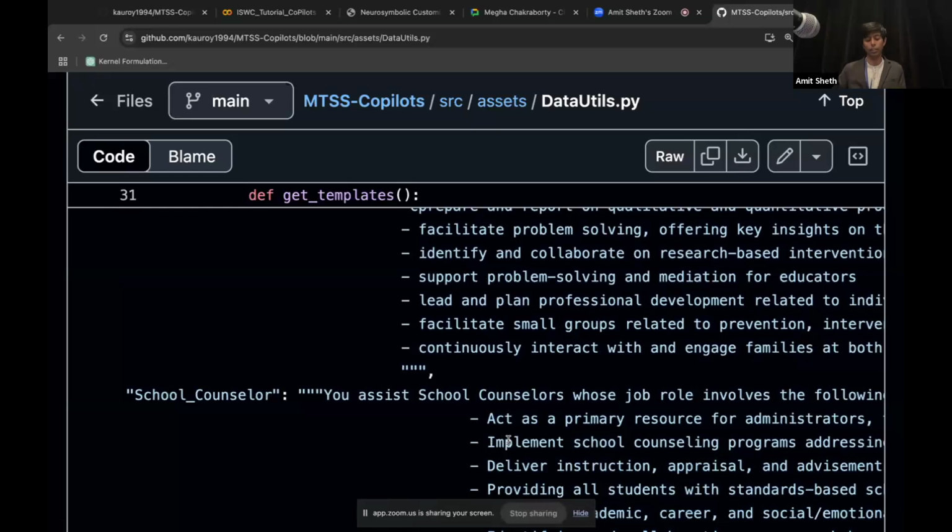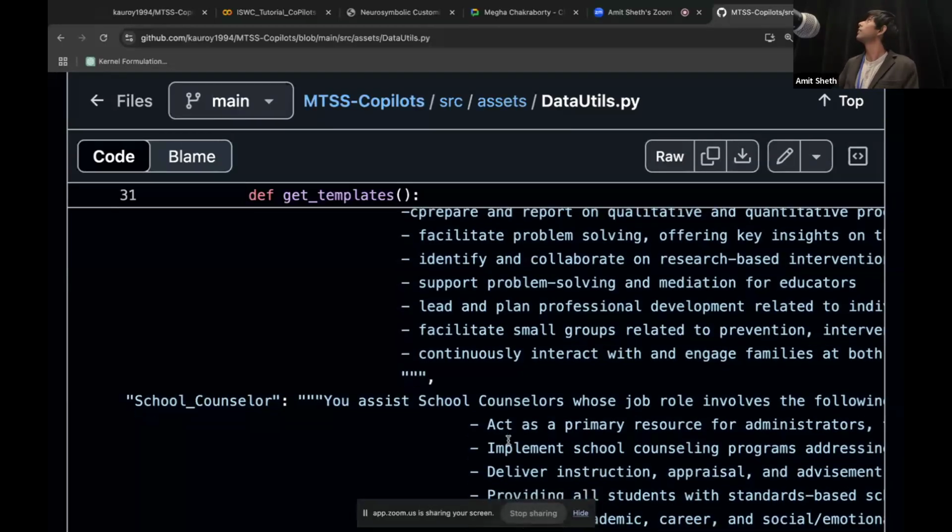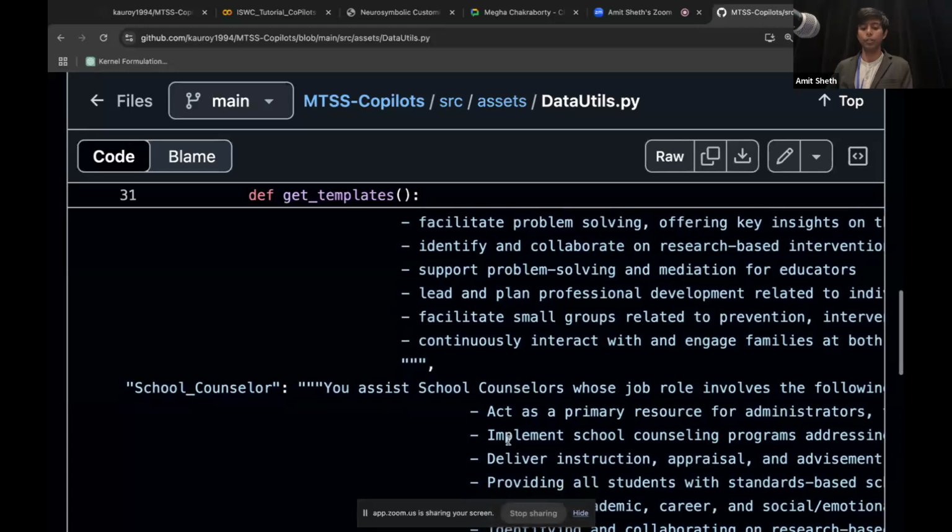So if you take the initial knowledge base that I showed you, and just say convert it into question and answers, you'll get something that's not relevant to all of these roles, right? So what you have to input as part of the prompt is to say that this is the kind of role that I want you to transform this information for, right?